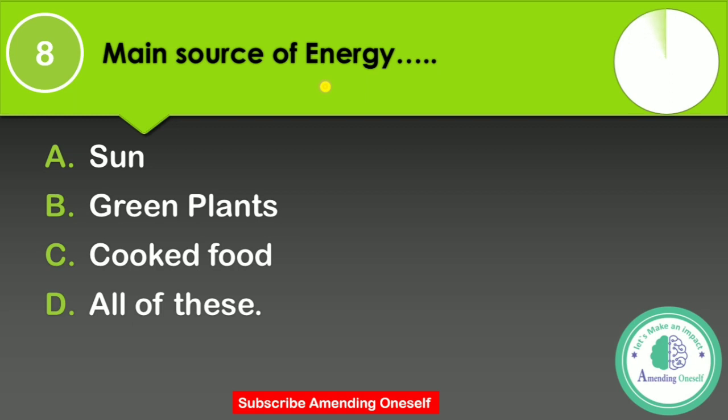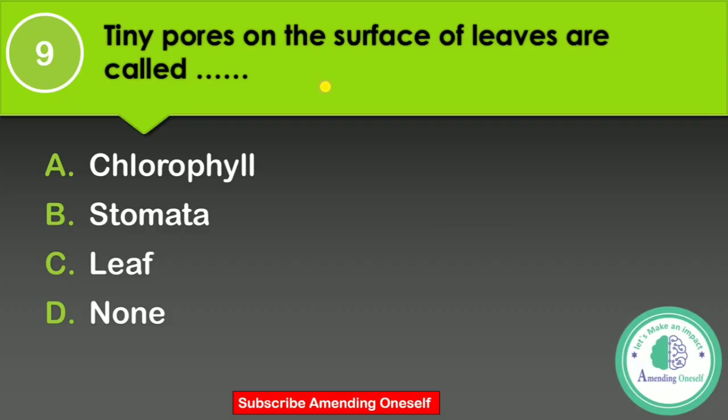Time is going to be up. Time's up. Question number 9. Tiny pores on the surface of the leaves are called option A, chlorophyll, option B, stomata, option C, leaf, or option D, none.